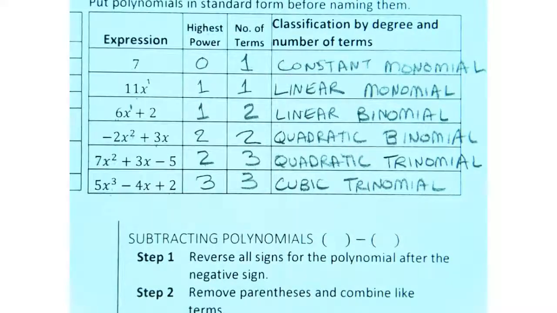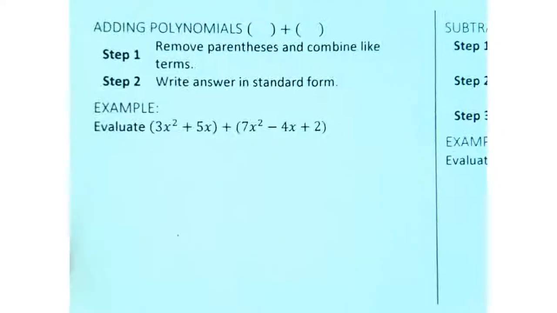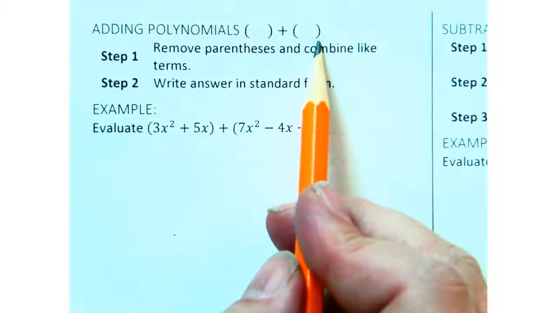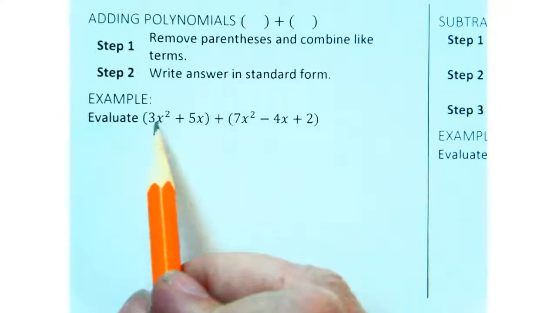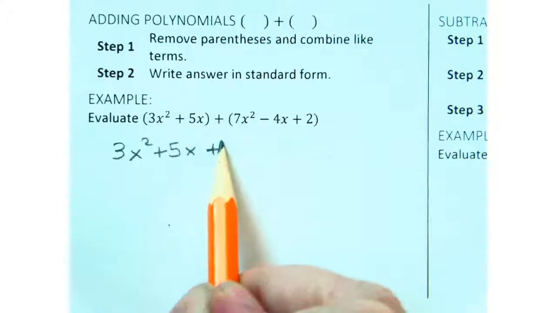Now that you understand the vocabulary, let's move on to operations on polynomials. Adding polynomials. When there's a plus sign between the parentheses, this means to add. Remove the parentheses and combine like terms.